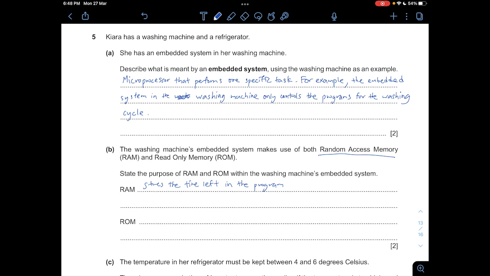Or you can also say store choice that the user has selected. Like let's say the user only wants to spin their clothes so that it's dry instead of just washing, or the user wants to go through an entire washing cycle. So that could be a choice as well.